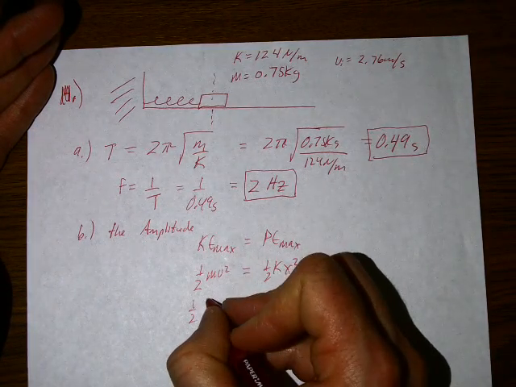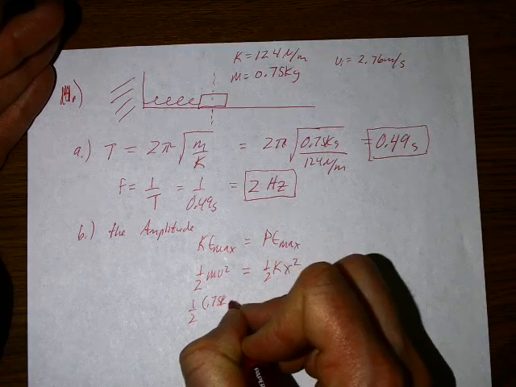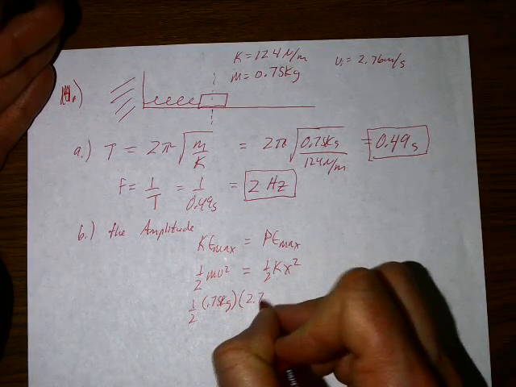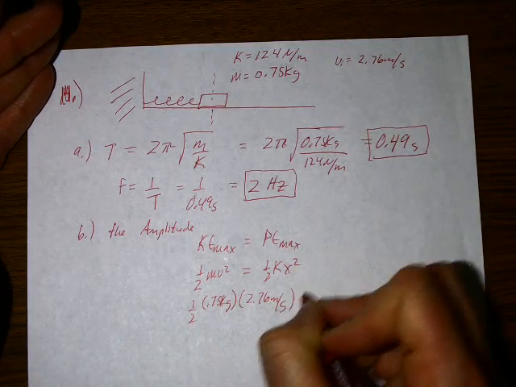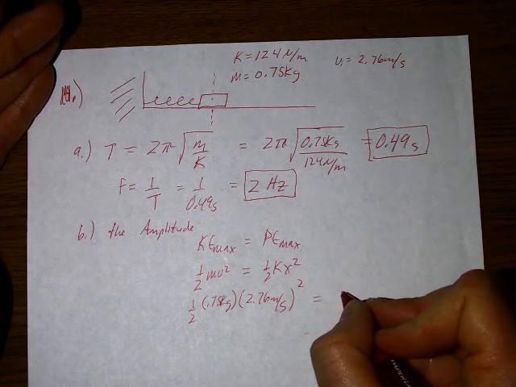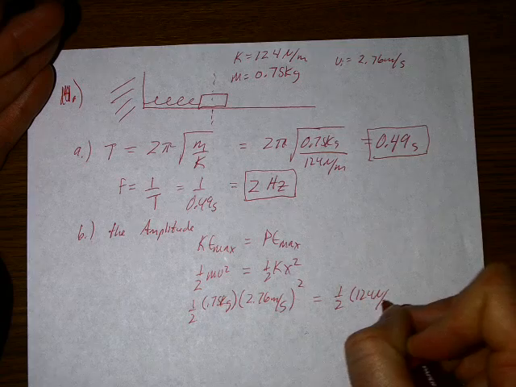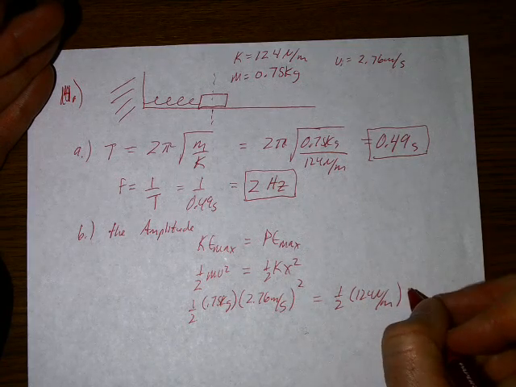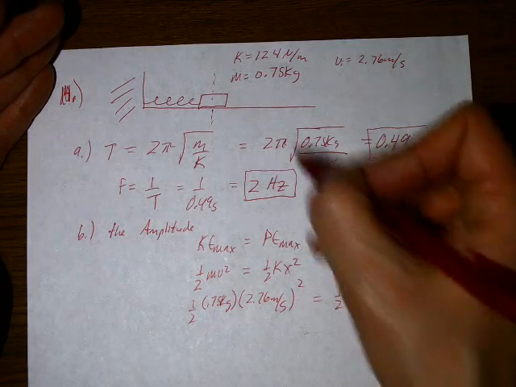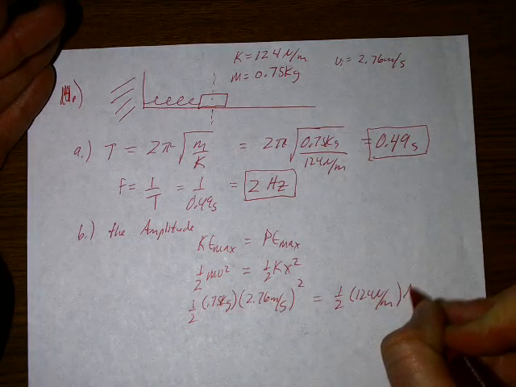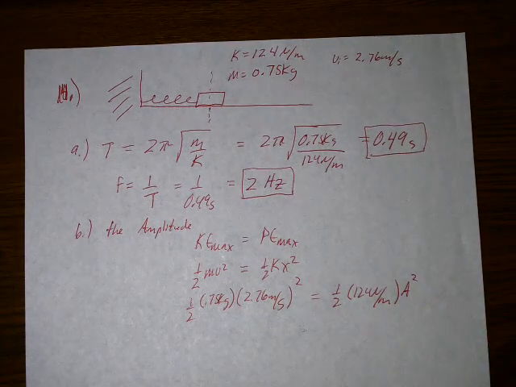So 1/2 of 0.75 kilograms times the velocity of 2.76 meters a second at the beginning equals 1/2 k, and x is what I don't know, and x in this case is the maximum displacement, which is the same as the amplitude. Call it x or A, it doesn't matter.